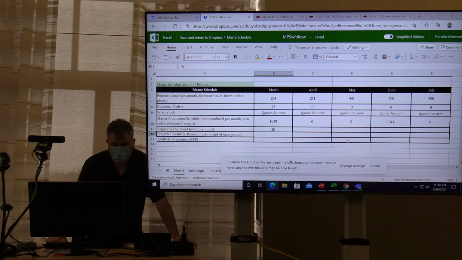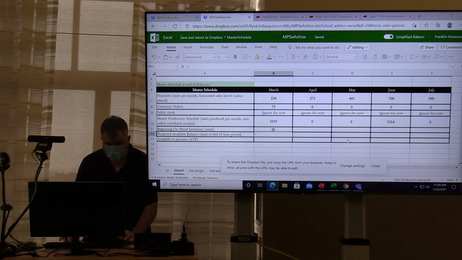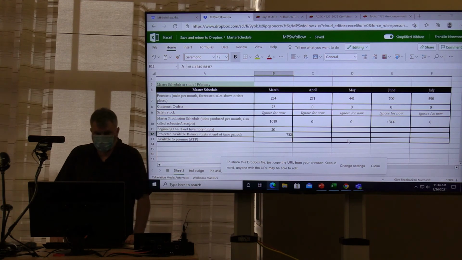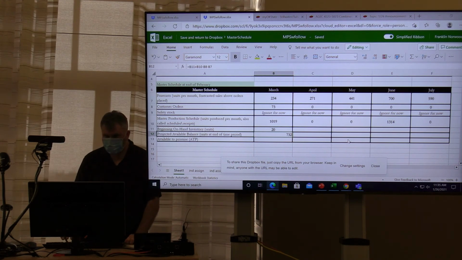So what I'm doing here, my projected available balance, I'm saying, okay, I'm starting off with 20 units. I'm producing 1,019 units. I've already sold 73 units, and I expect to sell 234 more units. So I expect to end the month with 732 units.